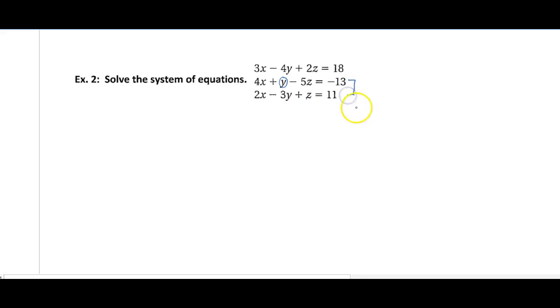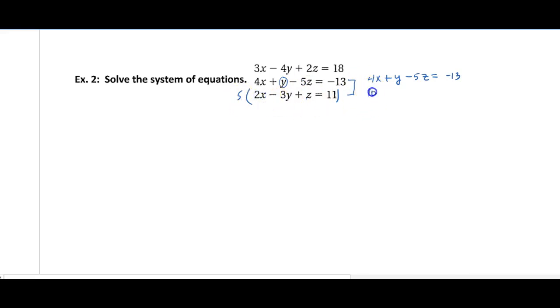So first thing I'm going to do is use these two equations and eliminate the z's. If I have a negative 5z here, I'm going to make this a positive 5z by multiplying everything here by positive 5. So the first equation doesn't change: 4x plus y minus 5z is equal to negative 13.